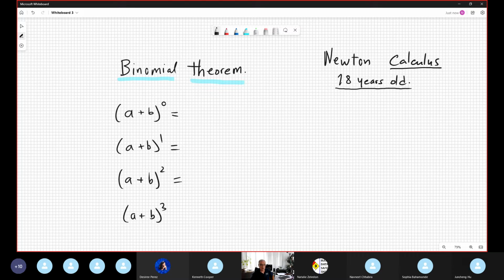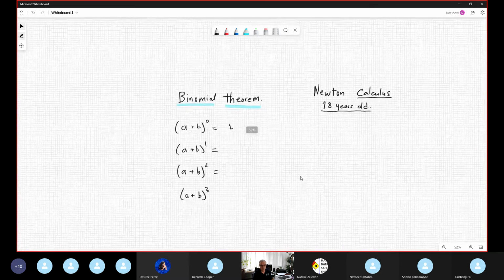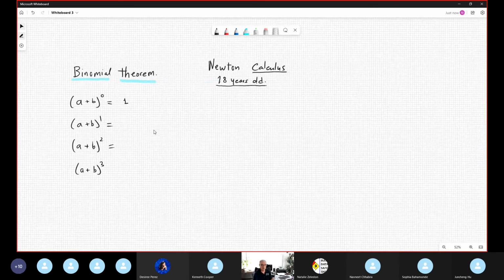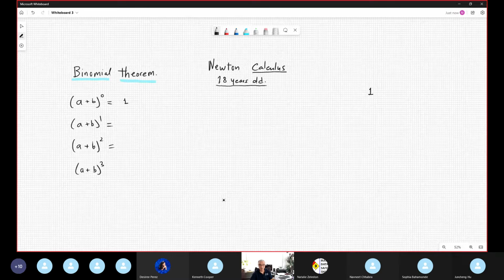So, a plus b to the 0 power is obviously 1, because any expression or any number raised to the 0 power is always 1. It's obvious, right? And this one I want to write here: 1. This one I copy here for the reason that you will see now. And a plus b raised to the 1 power is just a plus b.